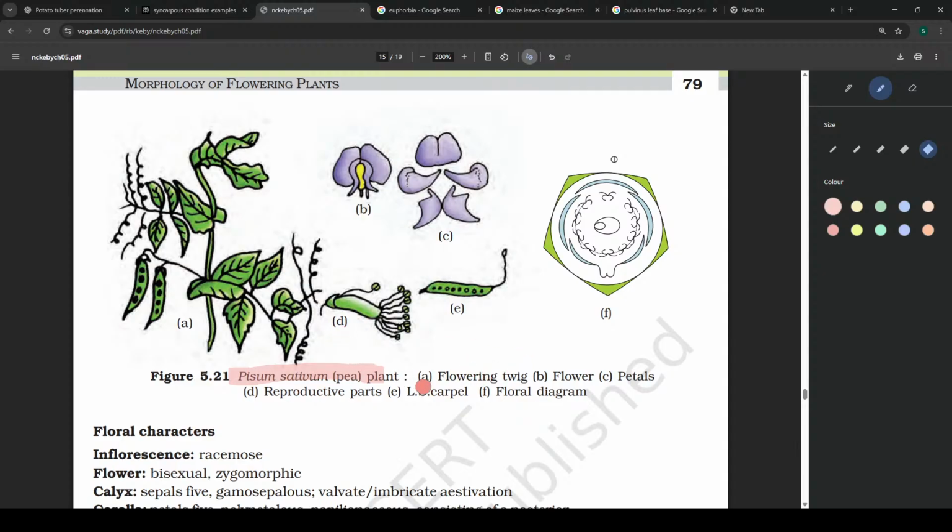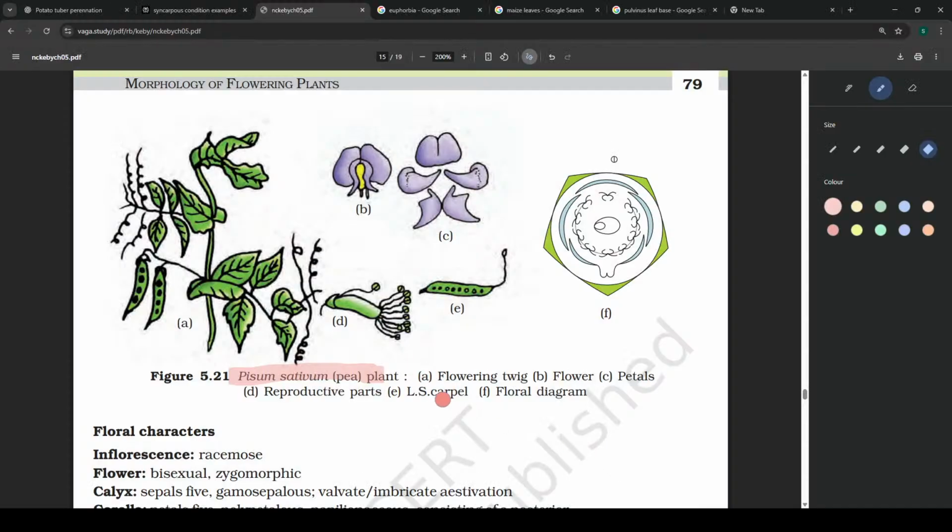These are all the diagrams given here: a flowering twig, a flower, petals, reproductive parts, carpel, and the floral diagram.